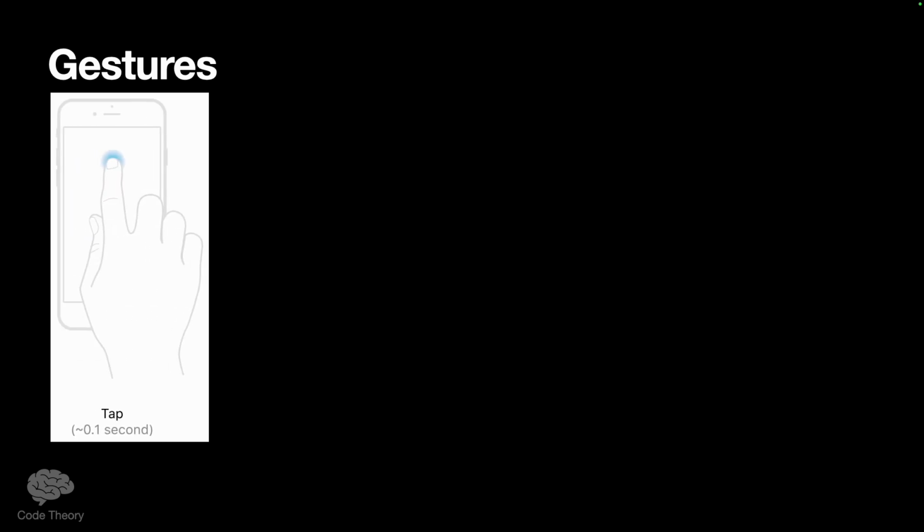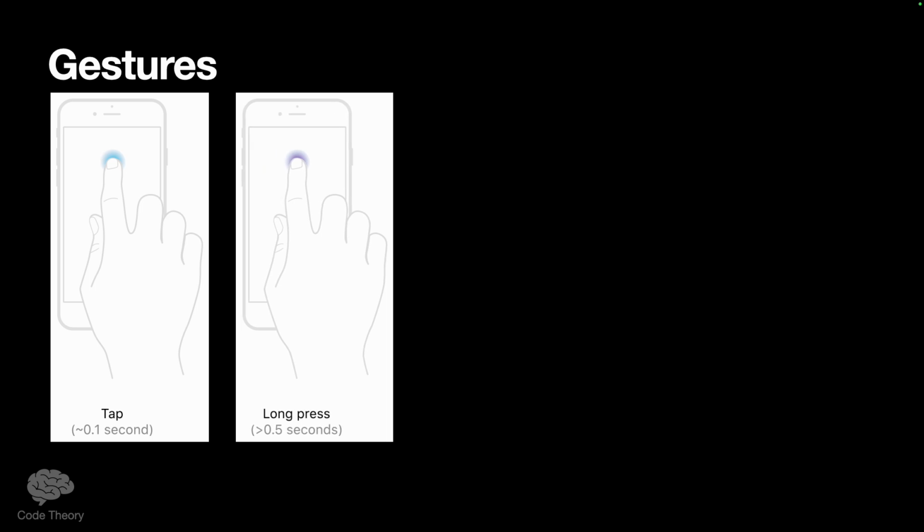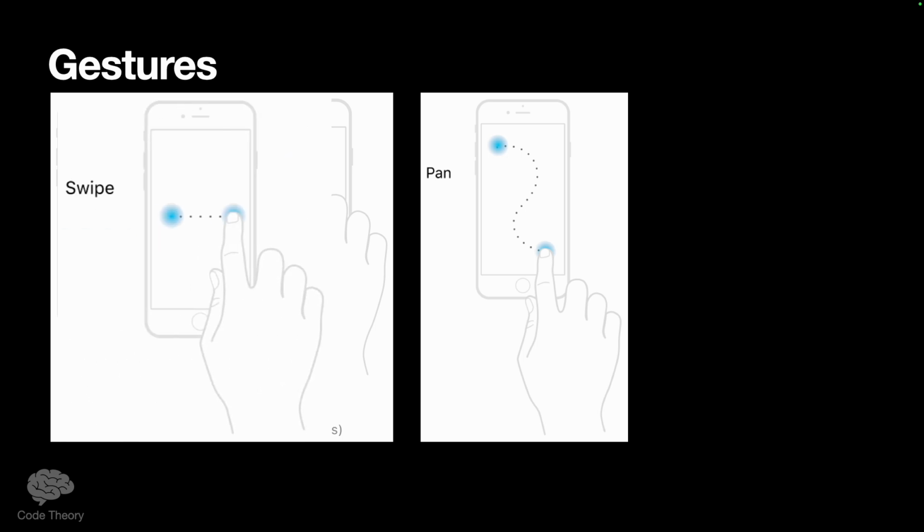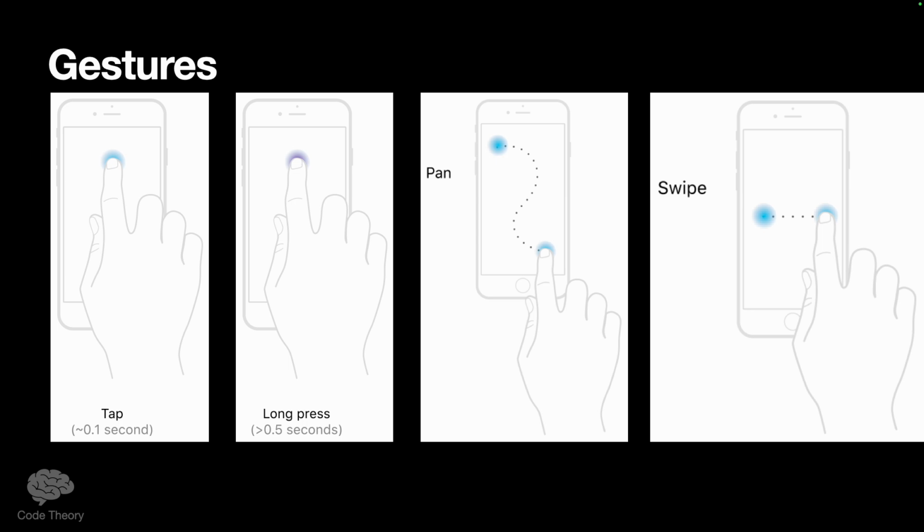There's also gestures. There's a bunch of different gestures that you can use. There's the tap gesture, which is very similar to those touch events. It's not exactly the same because, once again, it's an older API, so there's about 5 different ways to do every single thing, but it's similar. So there's tap, which is about 0.1 seconds of just a press. There is a long press, which is anything longer than 0.5 seconds. There is panning, where you touch and then drag. There is swiping, where you go from one side to the other, mostly horizontal.